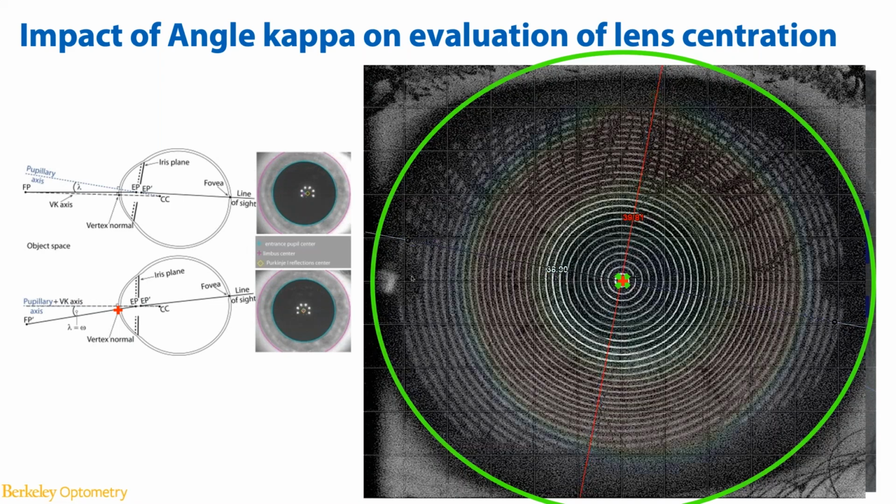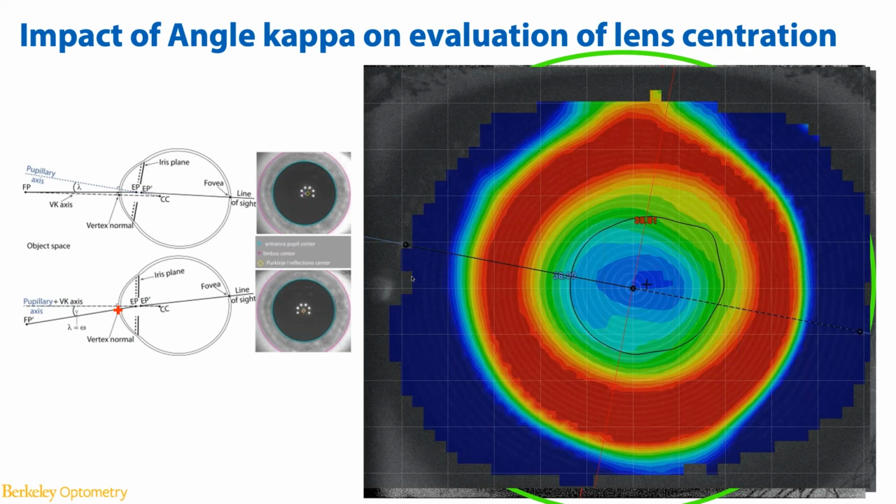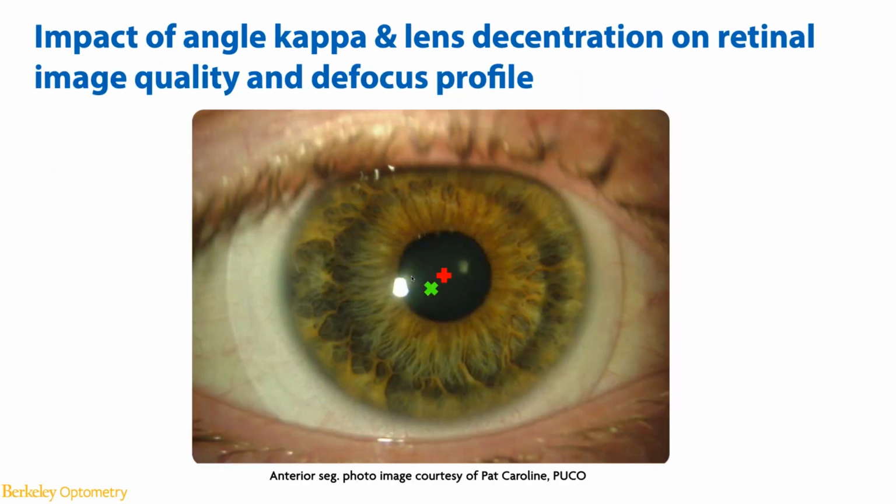And after correcting for angle kappa, you can see the same eye gives a totally different impression in terms of the centration of the Ortho-K fitting. So here I want to remind everyone, before we start rushing into understanding whether decentration plays a role in the overall anti-myopia efficacy, we need to first rule out a pseudo decentration due to an uncorrected angle kappa.